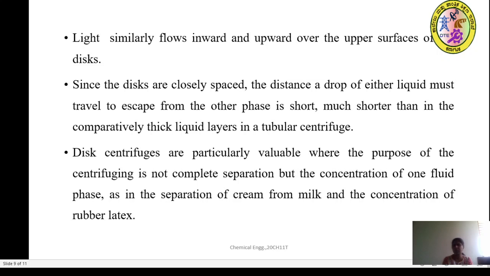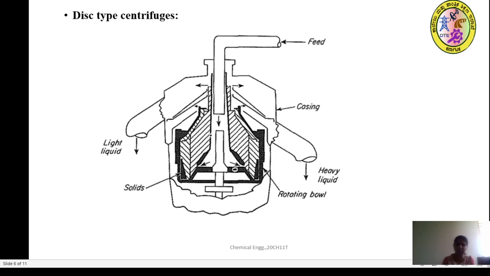Because the discs are closely spaced, the distance or drop that either liquid must travel to escape from the other phase is short, much shorter than the comparatively thick liquid layers in the tubular centrifuge. You can observe in the diagram that the light liquid is a bit upper in position, and the heavier liquid is a bit lower in the casing.